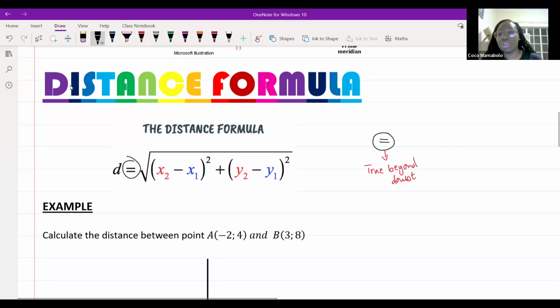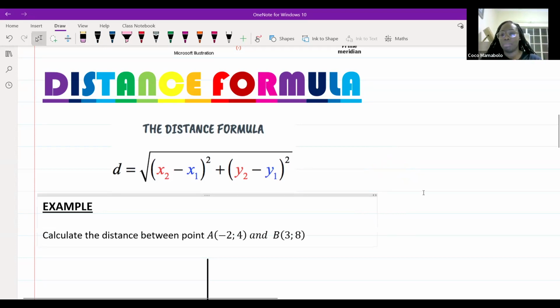Like if I say to you guys that 5 is equal to 5, that statement is true beyond a doubt. So when we use the equal sign, we need to make sure that we're saying that both sides are equal to each other. It's an equivalence. So we can't just not put it there. It is important that we do. So I'm going to refute your teacher on that one. We're definitely going to make sure that we have it. All right, let's jump into the example over here.